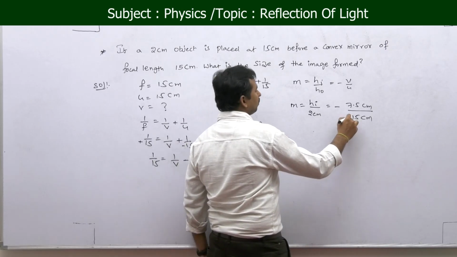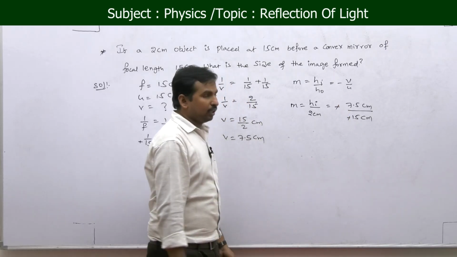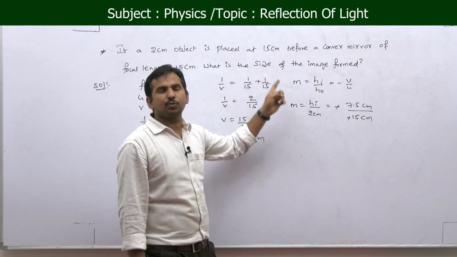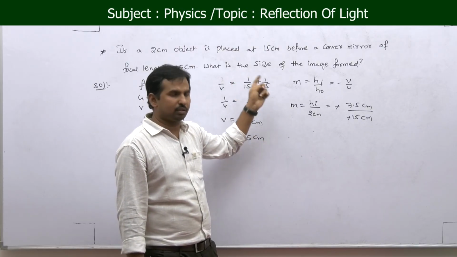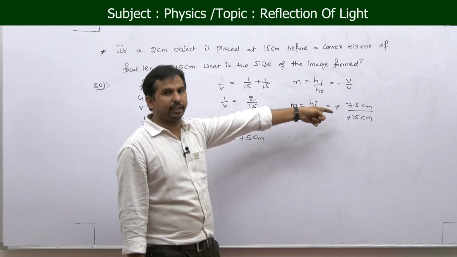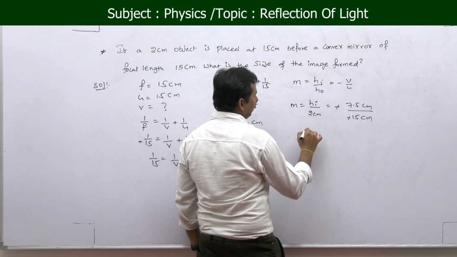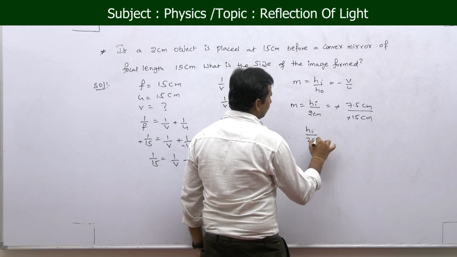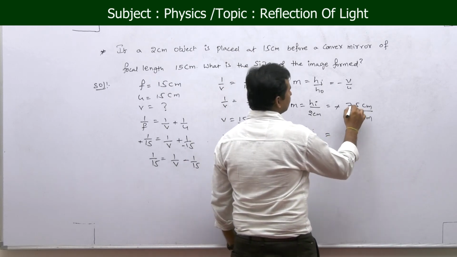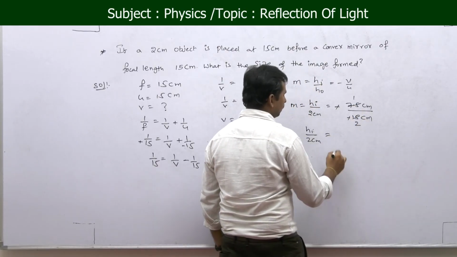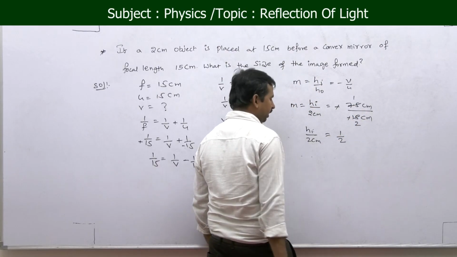Then this minus and minus get cancelled. And as I said earlier also, the image formed by a convex mirror is a virtual image, so the magnification value we get is positive. Then height of the image by 2 centimeters is equal to 7.5 by 15, which is equal to 1 by 2.